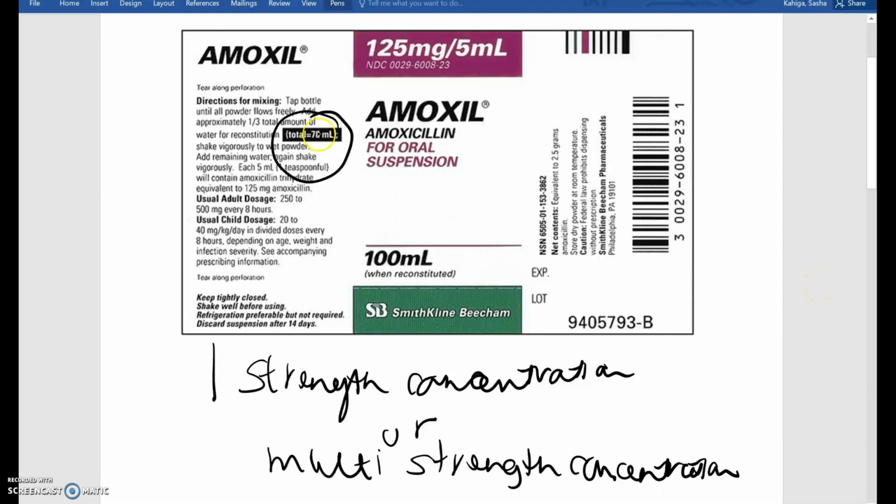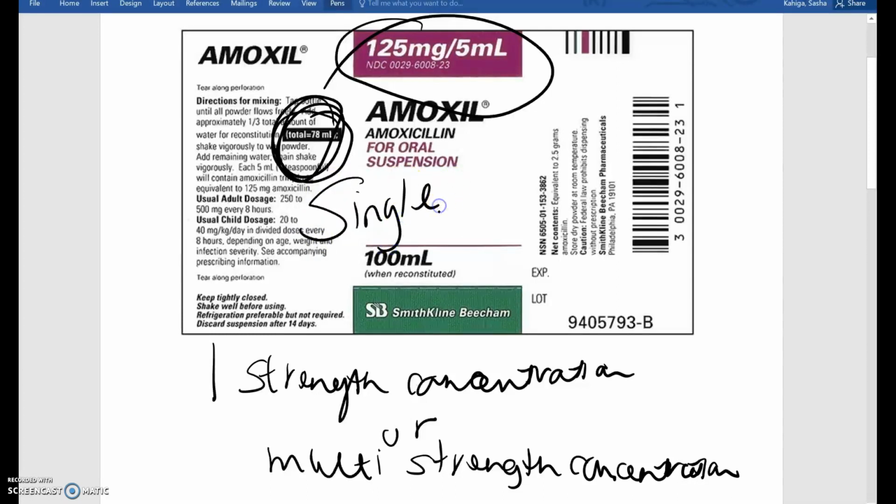In this case, when I add the 78 milliliters, how many dosage strengths do you see? Do you see 1, 2, or 3? In this case, you see 1. So that means this label is a single concentration medication.